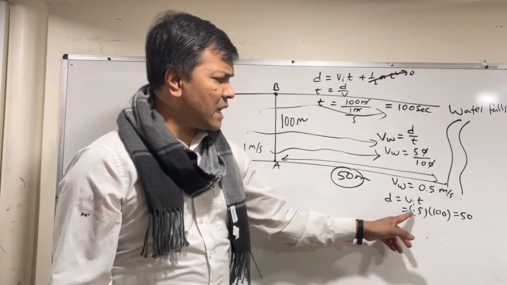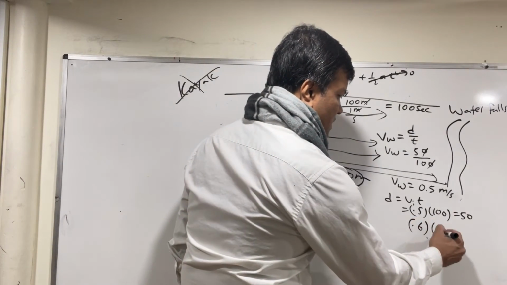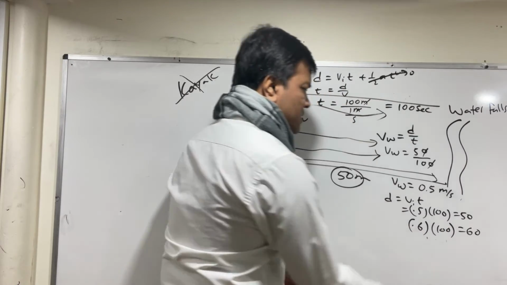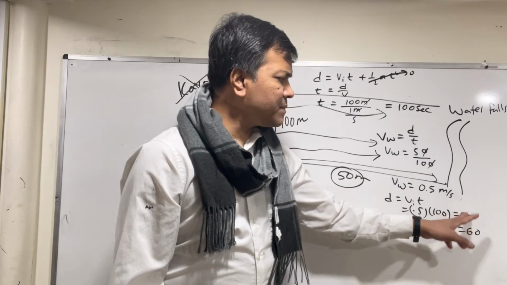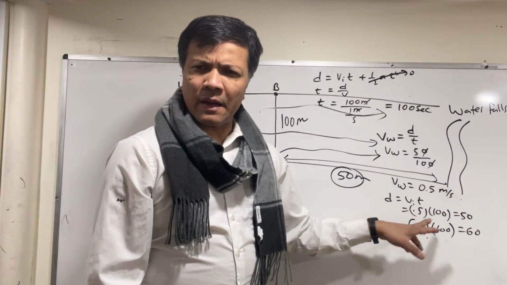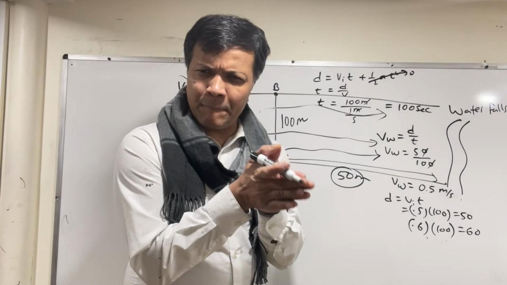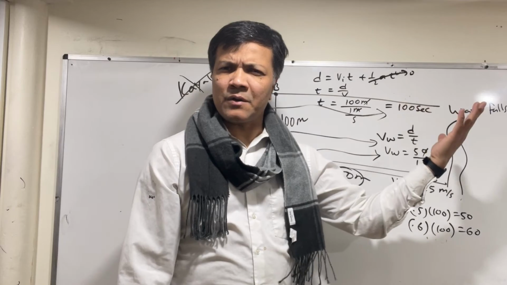If the current is a little bigger, say 0.6 times 100, that would be 60, and 60 is inside the waterfall. 50 is not inside the fall. So 0.5 is the limiting velocity of the water that will allow him to survive.